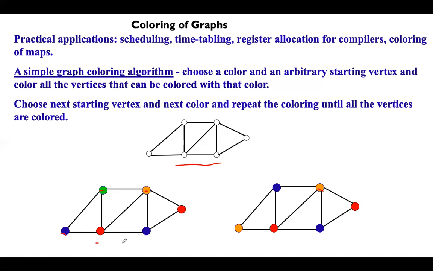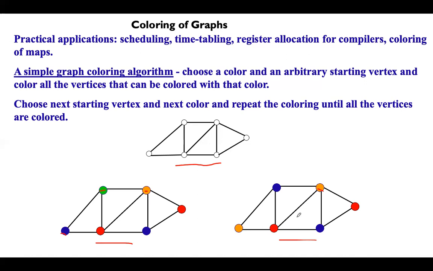So here it was 4 colors, here it is 3 colors. So this is optimized color allocation for the vertices. We have colored this graph using only 3 colors. Okay, so when we talk about optimized graph coloring, you have to see whether using a minimal number of colors, you can color the graph or not.